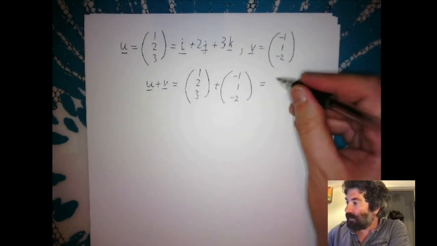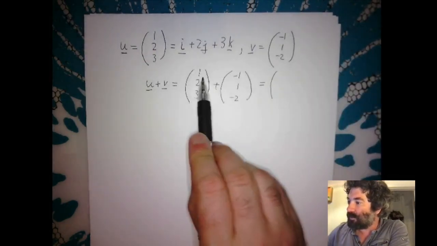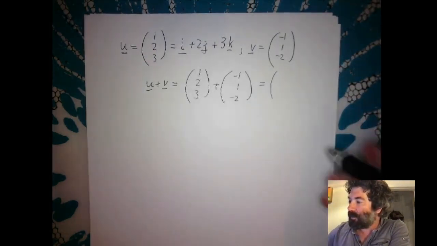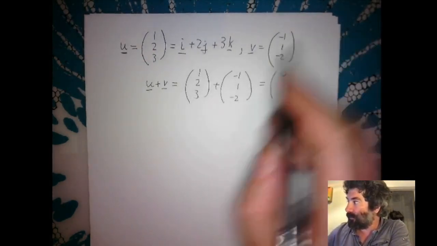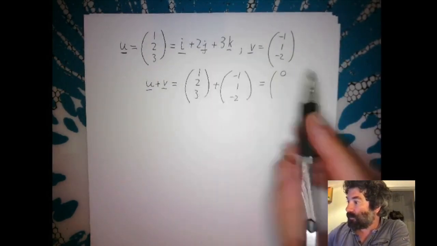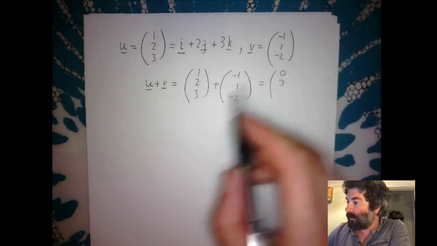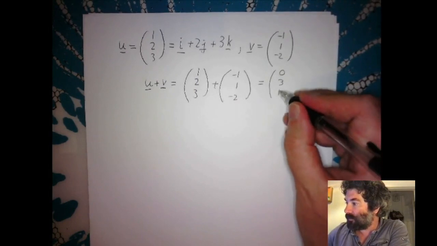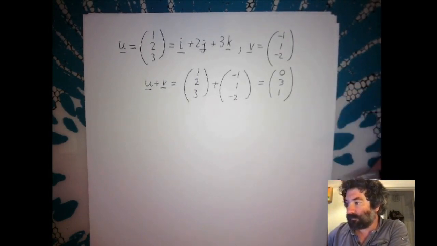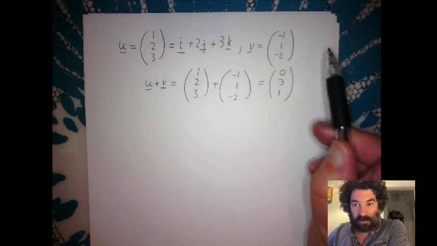And so when we add these together, you simply add each of the components. So 1 minus 1 is 0. 2 plus 1 is 3. And 3 minus 2 is 1. Okay, so this is the vector you get when you add these two vectors together.